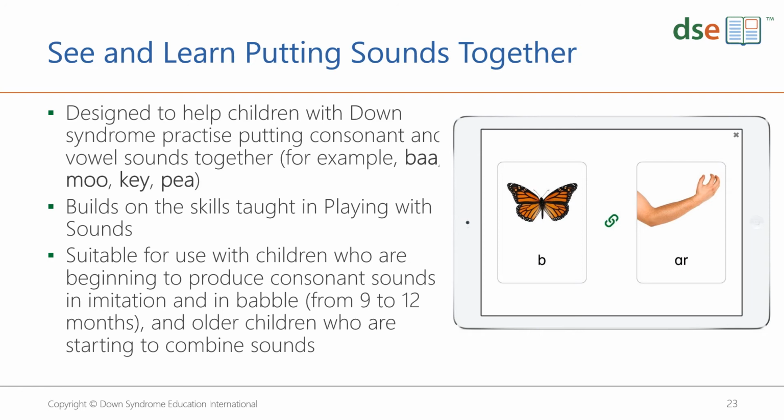So in babble they start to combine sounds. And one of the things that's important to do is, when your child is using their voice, when they're babbling, is to repeat the sounds back and also encourage different sounds, and again with that face-to-face activity so they can see what you're doing.